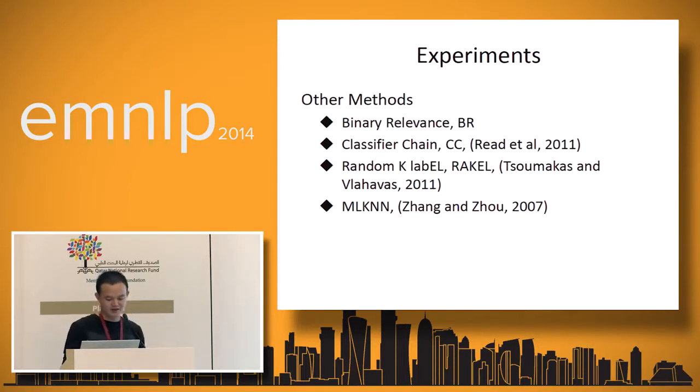The second method, classifier chain, also trains a classifier for each label, but the output from the former classifier is used as a feature for the following classifiers. The third method employs the example method, and the fourth method uses the improved KNN as the best classifier in multi-label classification.